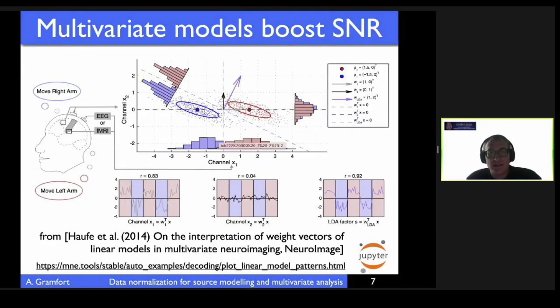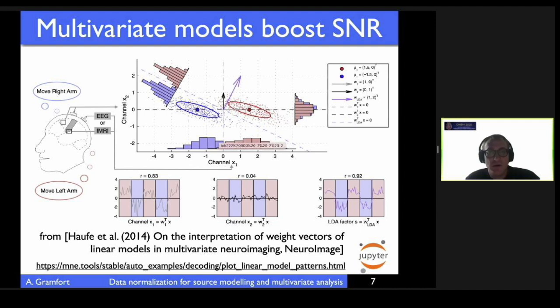Now, I'm taking a slide and a figure from a paper from Stefan Haufer and colleagues, which shows that in the context of brain-computer interfaces, these ideas of using the multivariate nature of the signals are extremely common, and should be more considered in the context of cognitive neuroscience and when doing EEG.